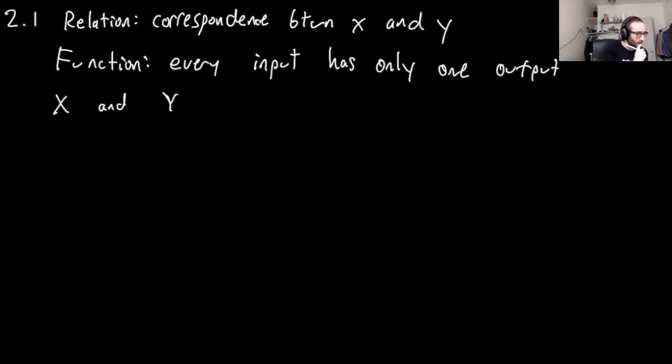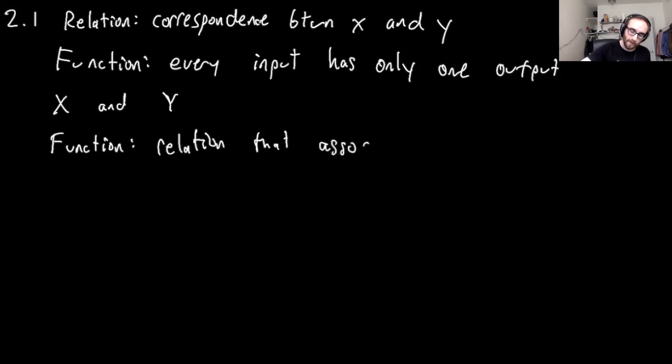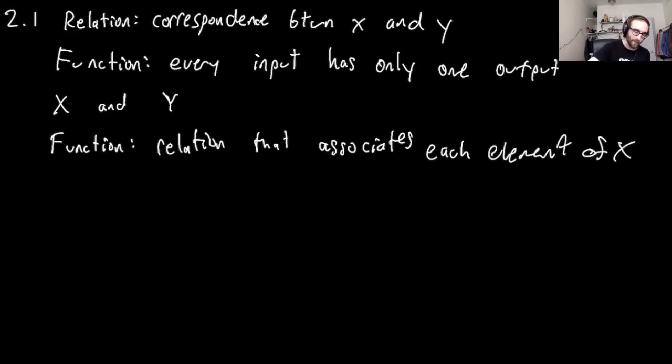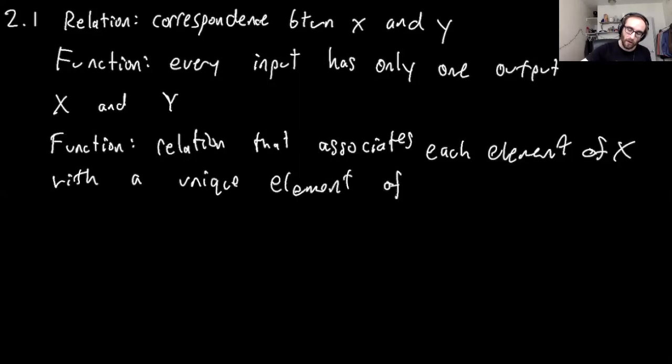A function from x into y is a relation that associates each element, so element is just number, of x with a unique element of y.